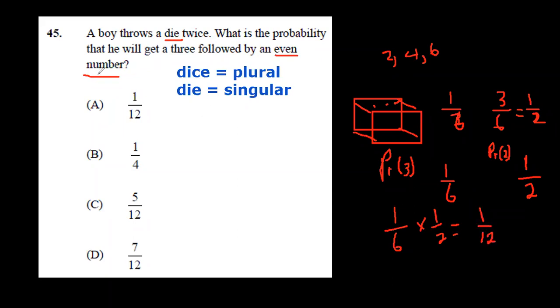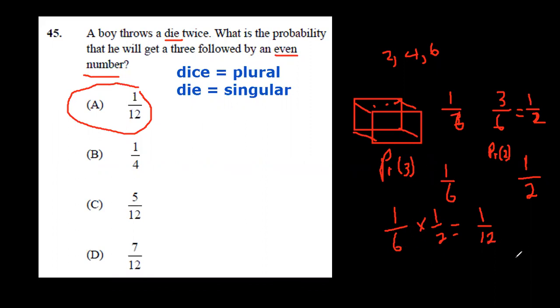This answer is A. If the events were mutually exclusive, you add the probabilities. But these events are not mutually exclusive. So it's going to be 1 over 6 by 1 over 2.